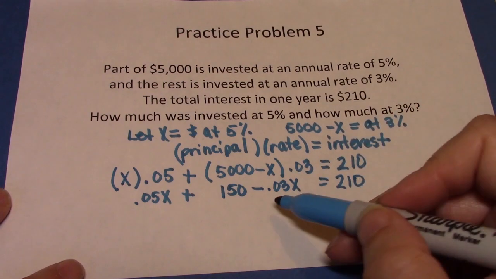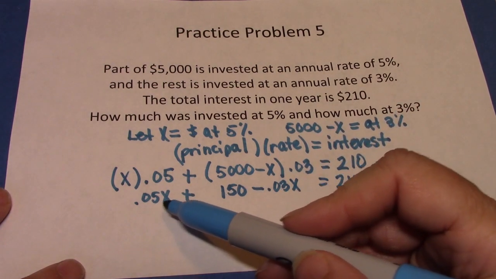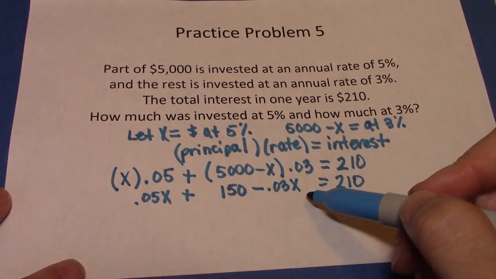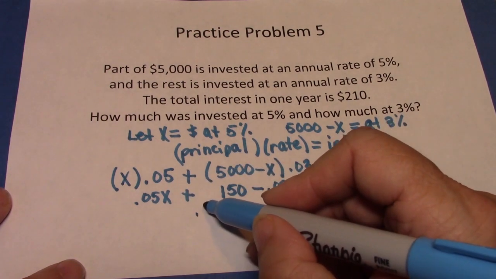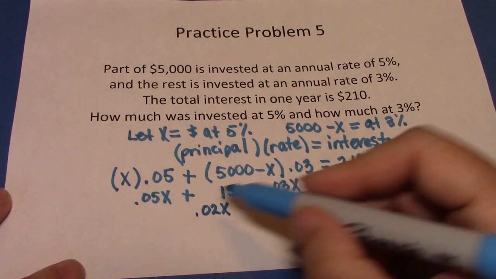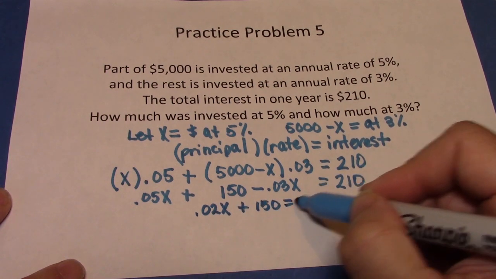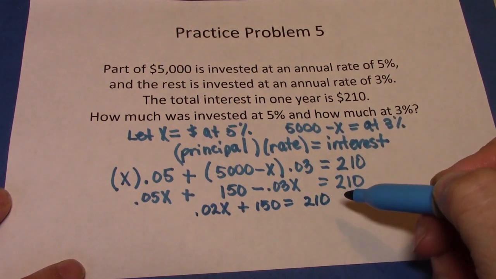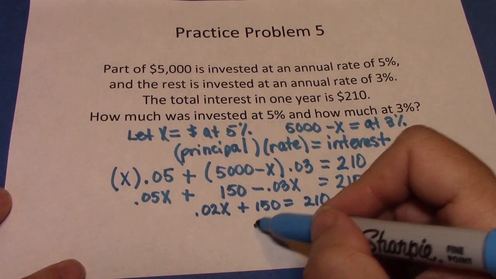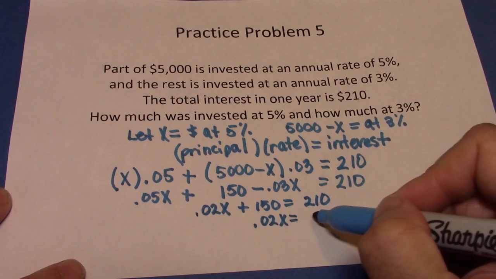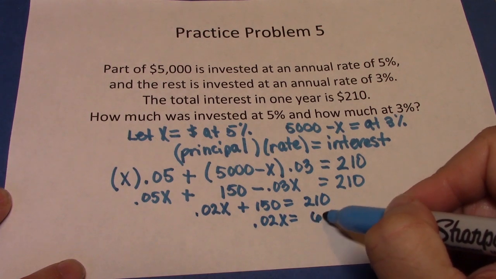Now look, we have some like terms. 0.05x minus 0.03x, that's 0.02x, just subtracting those two things, plus 150 equals 210. Subtract 150 from both sides, and we've got 0.02x equals 60.